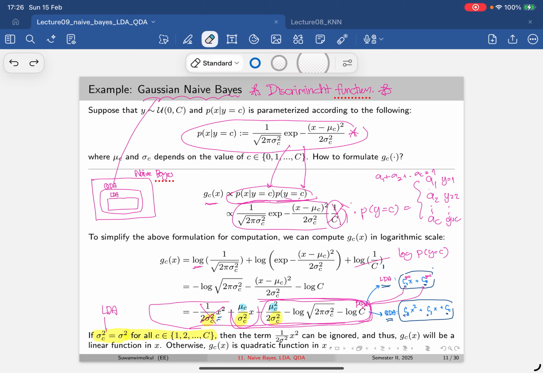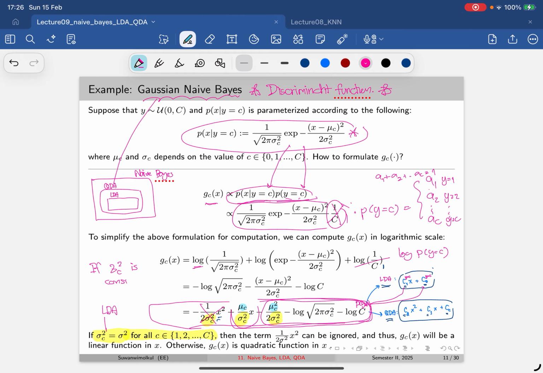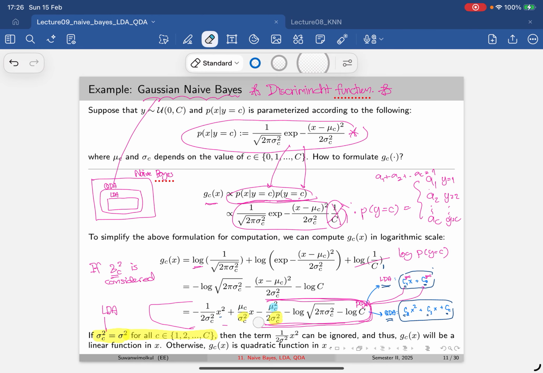Anyway, if we don't have that assumption of LDA, and we consider different values for sigma C, then that quadratic term will come back.